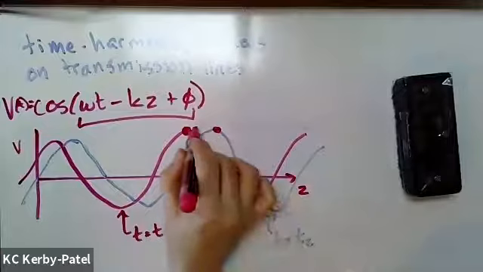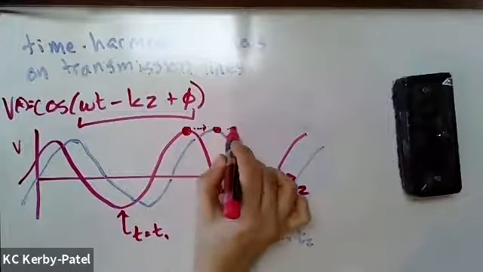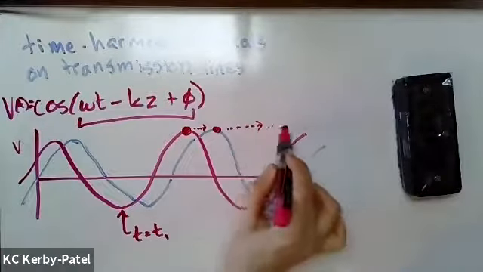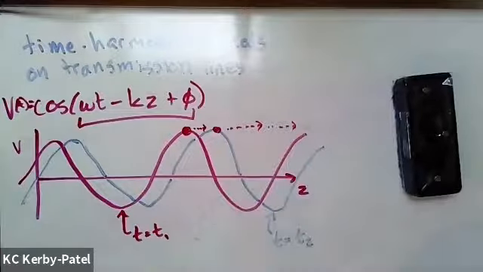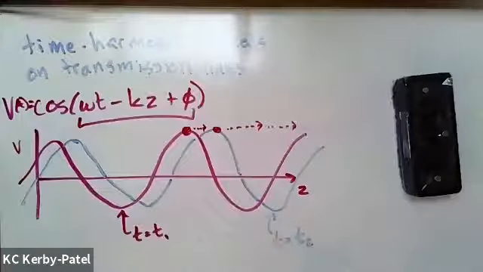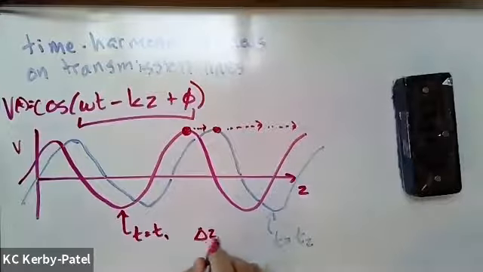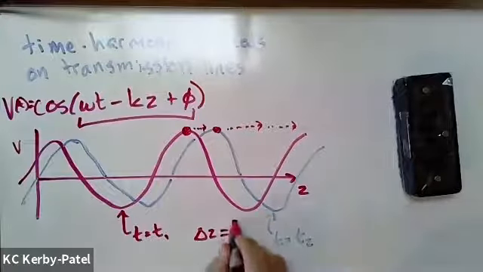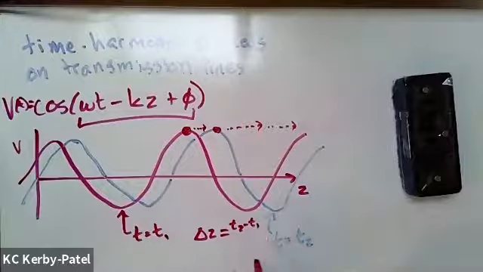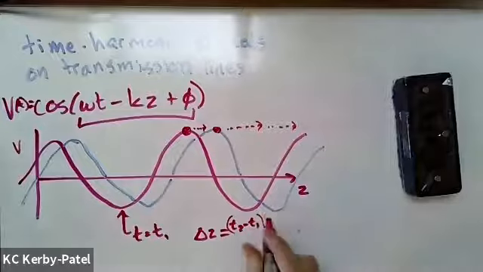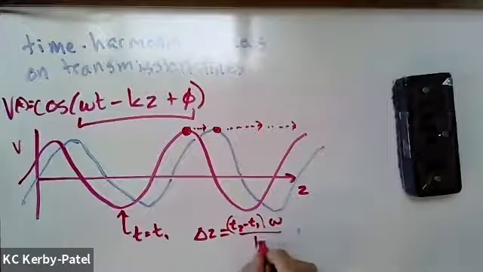And then this particular point on the wave moves along as time advances. The distance that it moves, delta z, is just t2 minus t1 times omega divided by k.